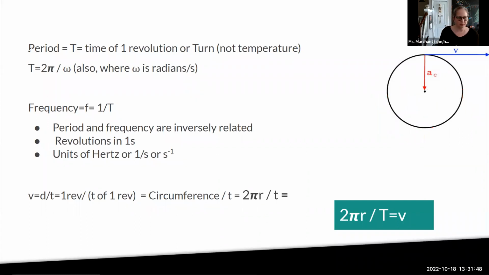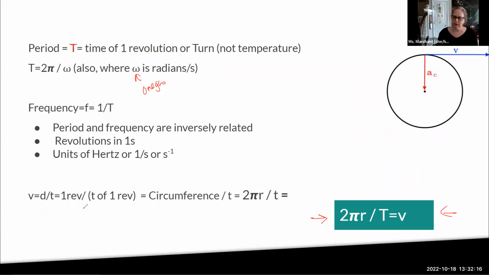Okay. Key terms: a period is the time of one revolution, and it's shown by a capital T. You're probably not going to need to use omega, which is the angular velocity in radians per second. Most of the time, you're going to be using this equation down here to find your velocity: 2 pi r over the period equals your velocity.